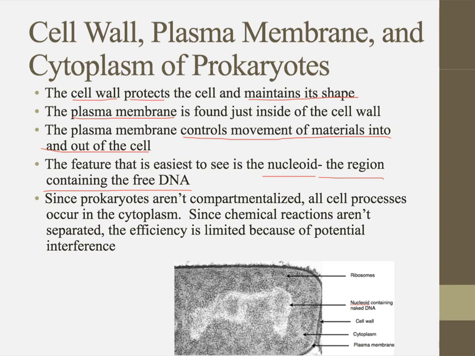It's just an area. And while we're on this slide, it's important to note that prokaryotes don't have membrane-bound organelles. So all of the cell processes occur in the cytoplasm. The function of the cytoplasm is that it's the site for cellular processes and reactions.